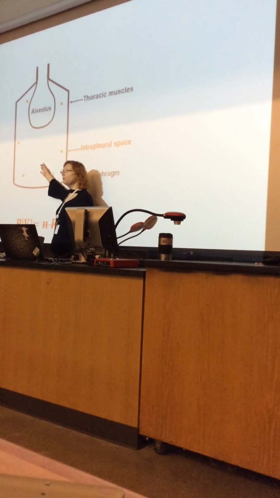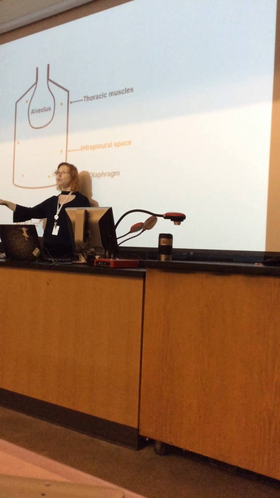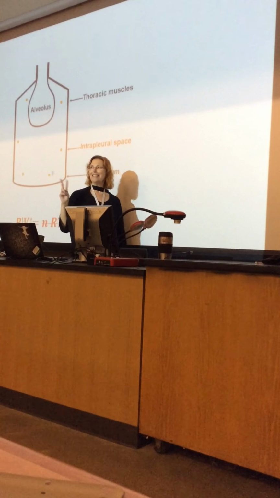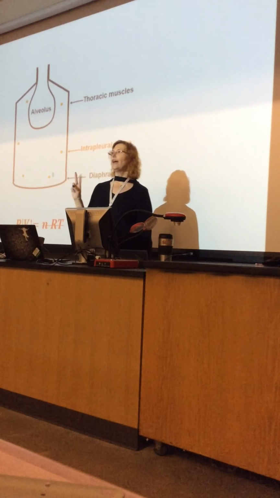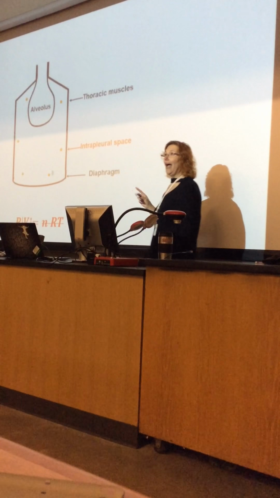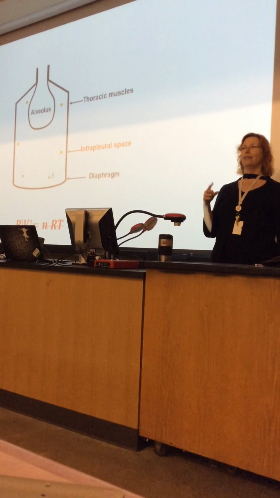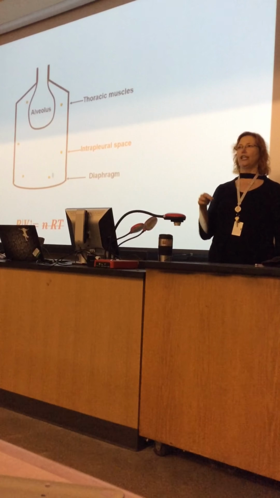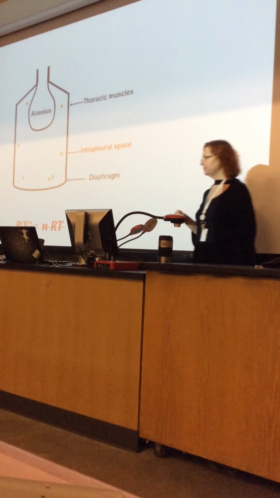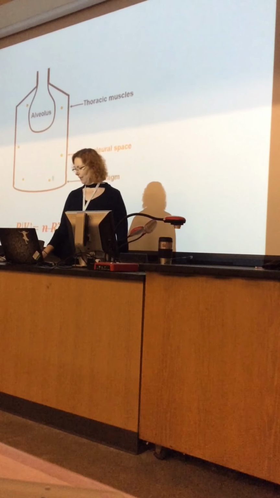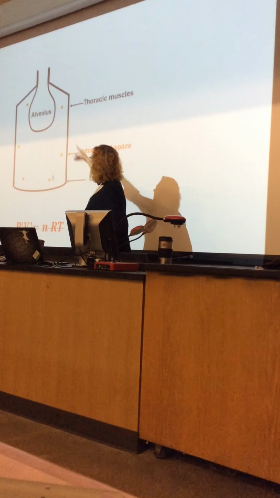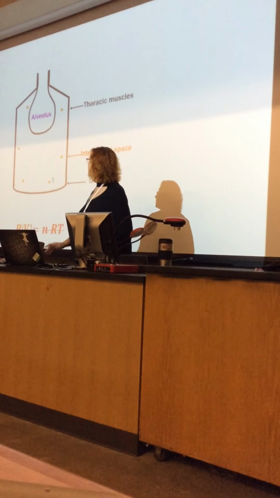So in my intrapleural space, the only two variables that I need to consider are pressure and volume. As the volume increases, pressure decreases. As the volume decreases, pressure increases. Okay? All right. Now, let's look at our alveolus.